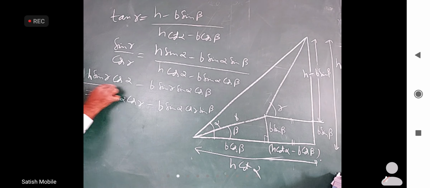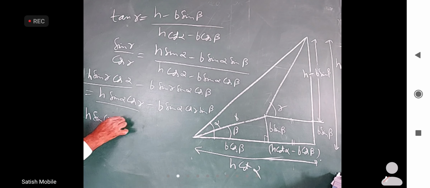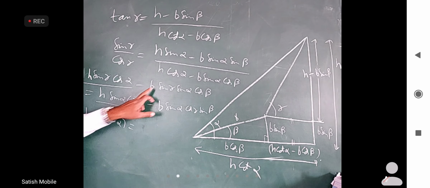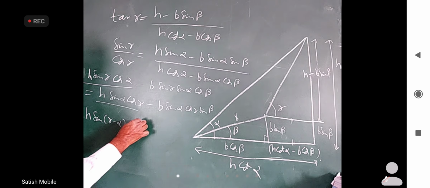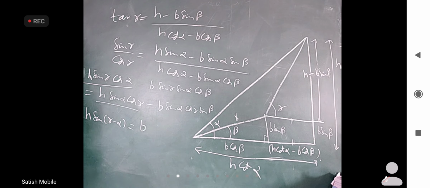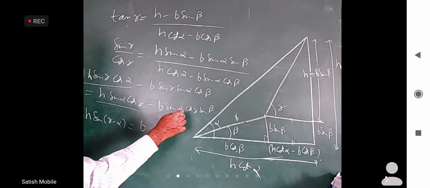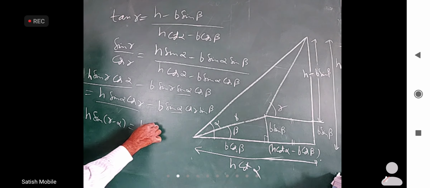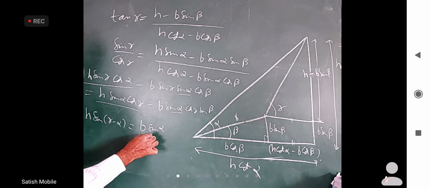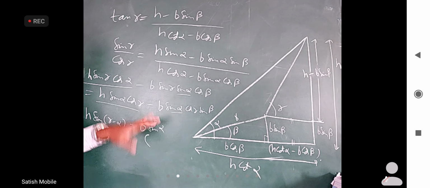Okay, now h is here, h is here. I can bring one side. From this, if I remove this, I'll get h sine gamma minus alpha. This one, if I bring this side and take b, what is common? Sine alpha is there. I can take b sine alpha common. Due to lack of place, I am directly writing.